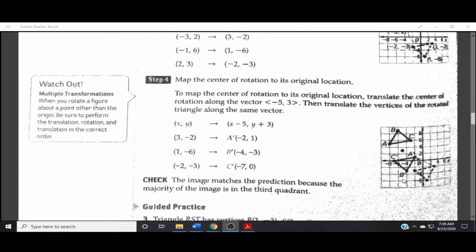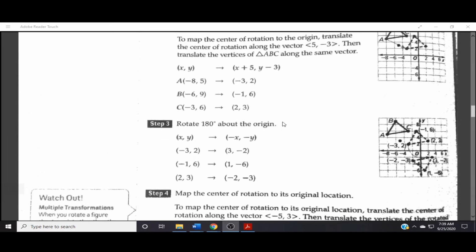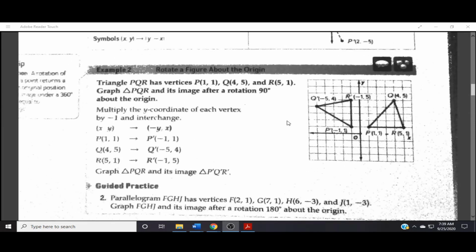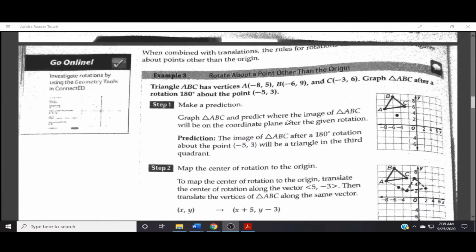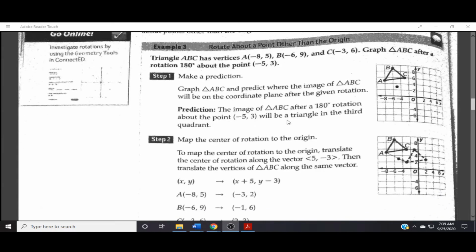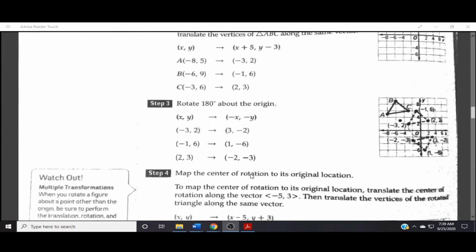We'll have some practice problems like this. I don't think we will focus too heavily on rotations around a point, but if you do have something like that, it'll be guided through. You'll have one guided problem in Delta Math and extra practice after that.